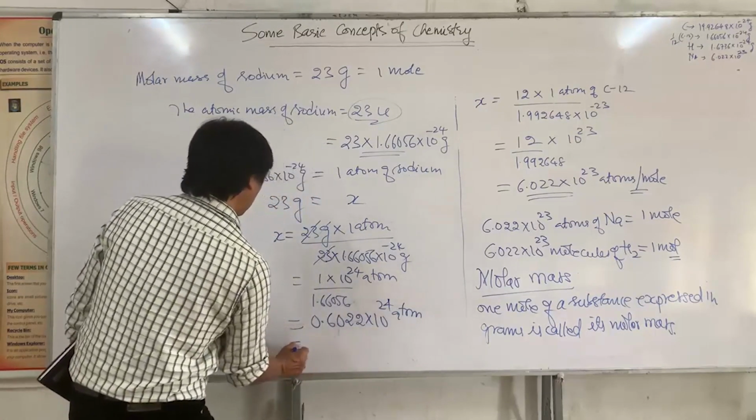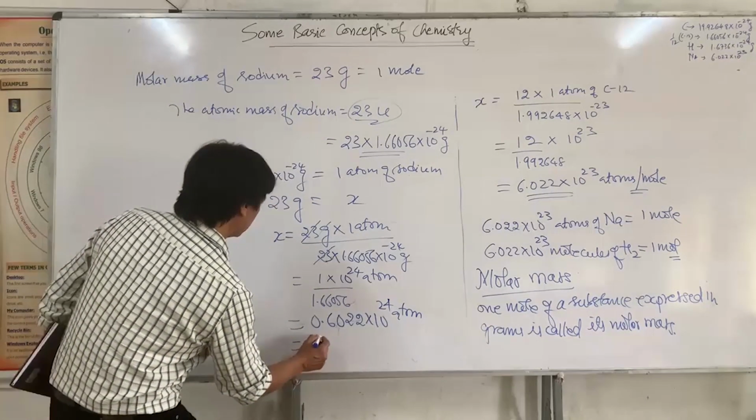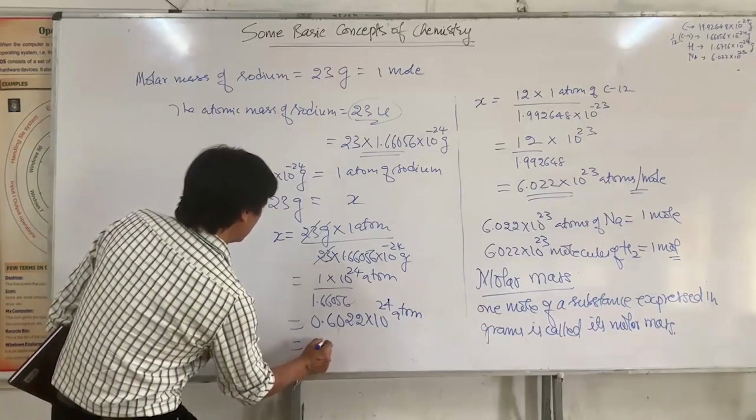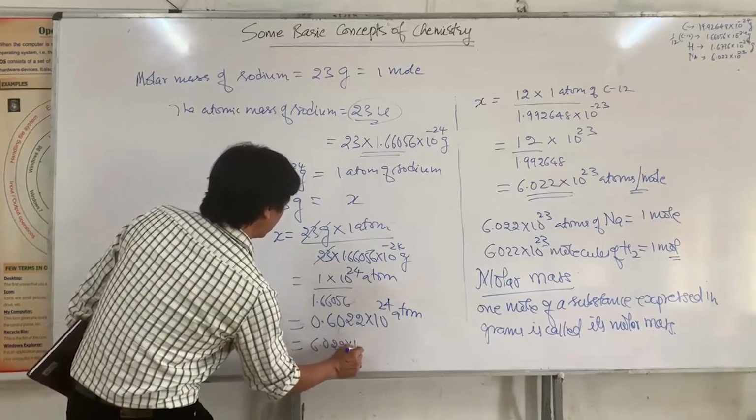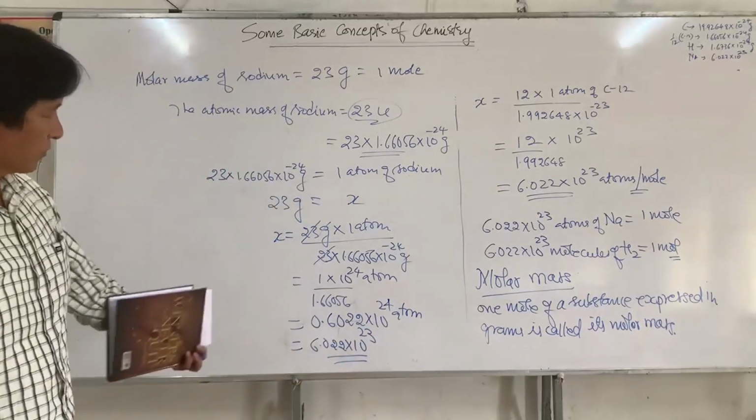Now if you write this in scientific notation, this becomes 6.022 into 10 raised power 23. You got it? I hope you got it.